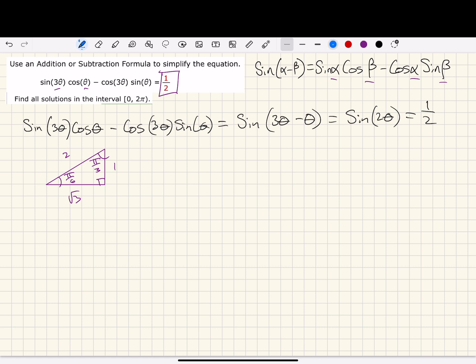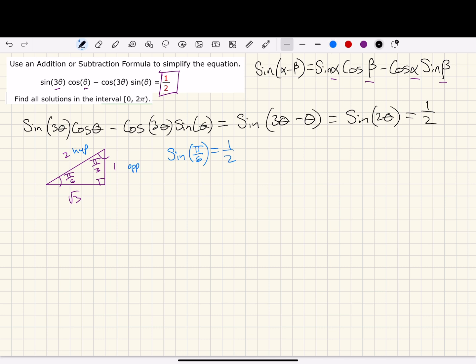And looking at this triangle then, with 1 being the opposite and 2 being the hypotenuse, we would then say that the sine of pi over 6 equal to opposite over hypotenuse would be a half.